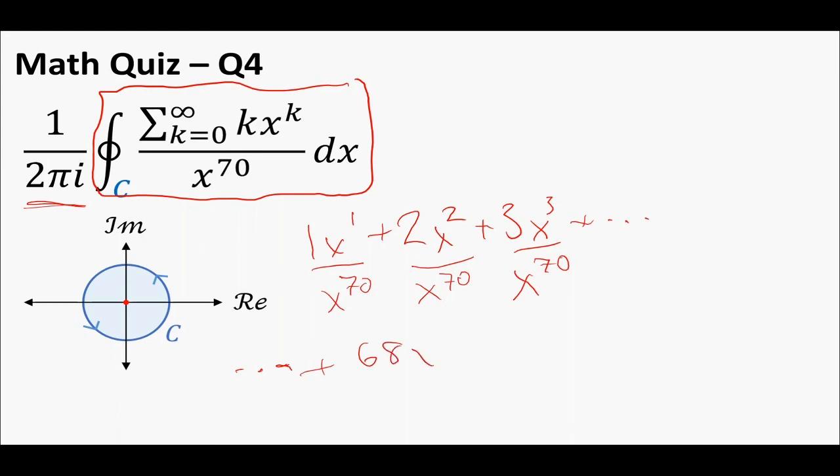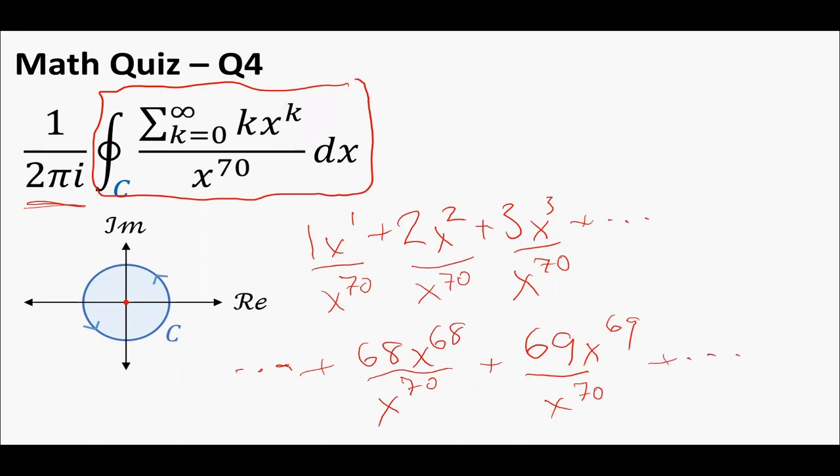68 times x to the 68th power over x to the 70, plus 69 times x to the 69th power over x to the 70, and that will just keep going on and on.